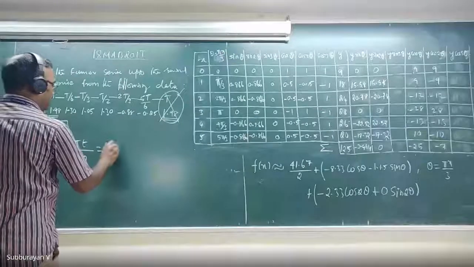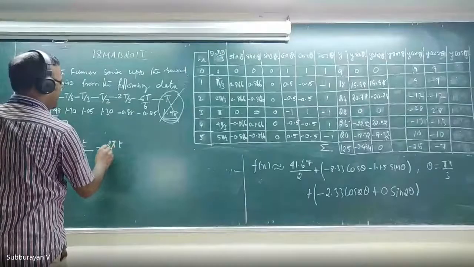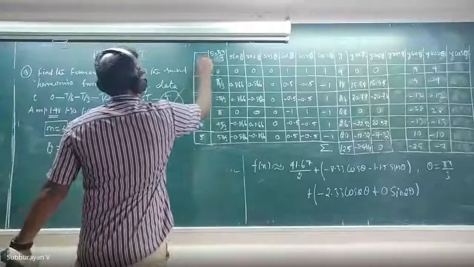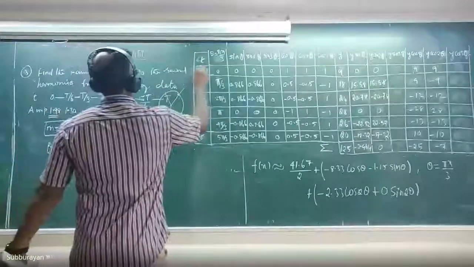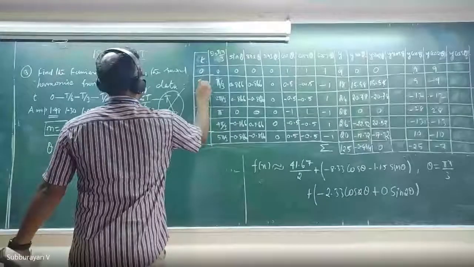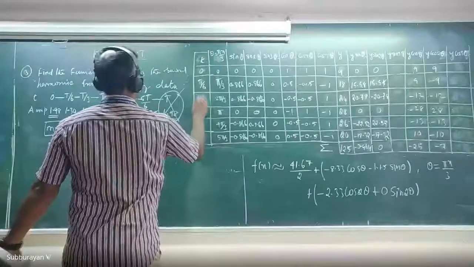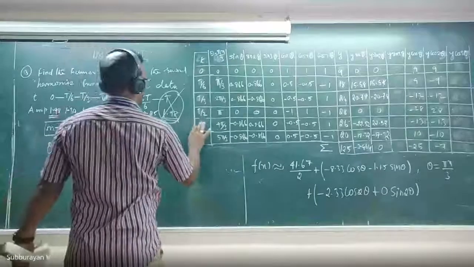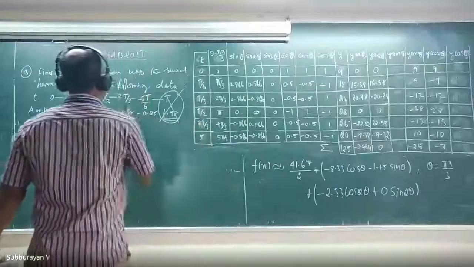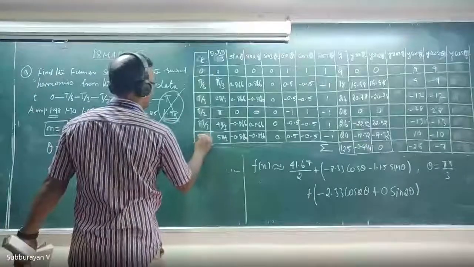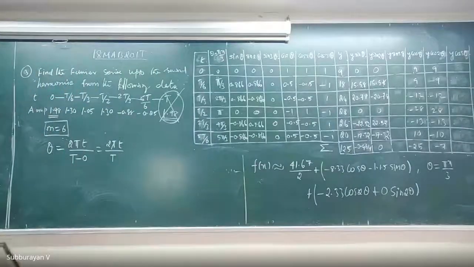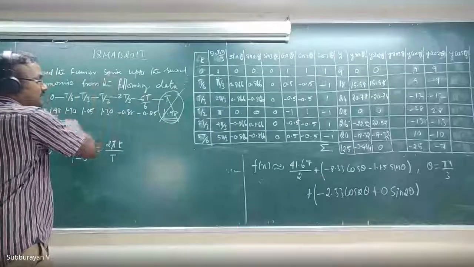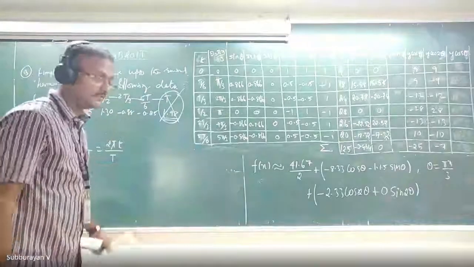Now this is your t value: 0, T by 6, T by 3, T by 2, 2T by 3, and 5T by 6. As I told you, you have to ignore the last value because the first value and the last value are the same. Therefore, we should ignore this.